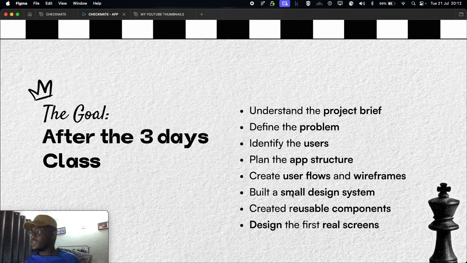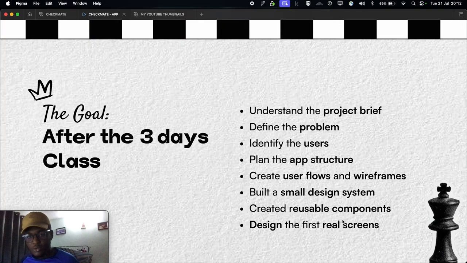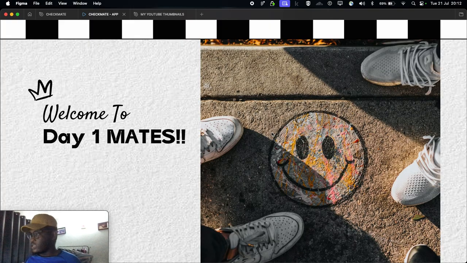We're creating reusable components, right? I'll tell you what components are later on during the class, and then we will start designing. When we have been able to understand all these, then we'll go to this last part. That's when the design comes in, right? There are certain processes you have to do before you start designing. So now we already know what we're going to achieve after this 3 days class.